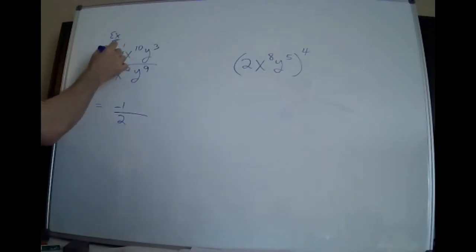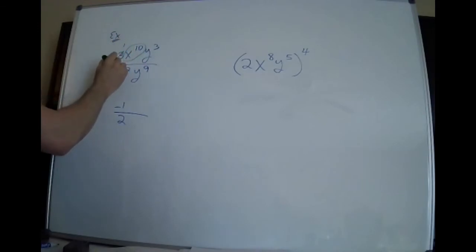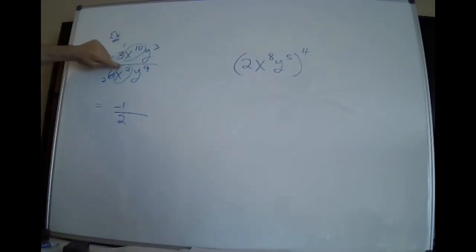Now, I have to deal with the x's. Now, I know 10 is divisible by 2. That's the reason I picked those numbers. 10 divided by 2 would be 5, but that's not what you do. That's not how you do division with exponents. What you have to do is you subtract them.